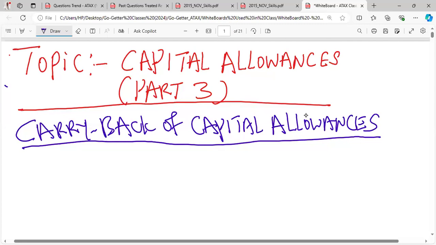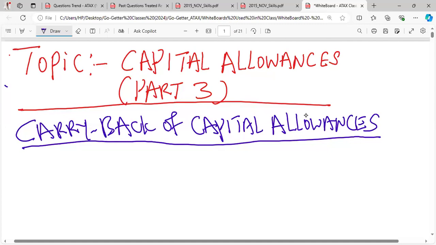and in place of the tax that you have paid, use it to recoup your capital allowances. So it means that you are going to be refunded all the taxes for last year, and you are going to clear your capital allowances for last year.